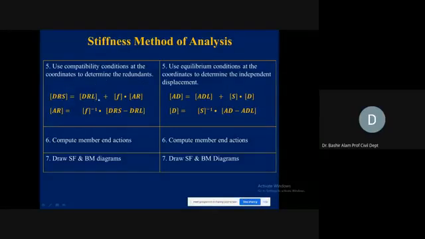So DRS is equal to DRL plus F times AR, or AR is equal to F inverse times DRS minus DRL. And what we will do now here in the stiffness method, we will use the equilibrium condition at the coordinates to determine the independent displacement. And equation will be AD matrix will be equal to ADL matrix plus stiffness coefficient matrix times the unknown joint displacement matrix. Or D will be equal to S inverse times AD minus ADL.